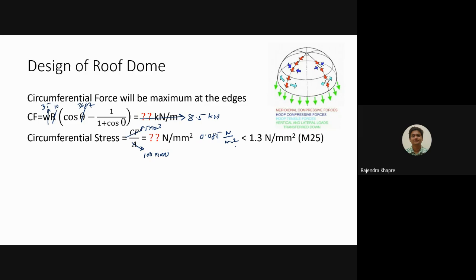This should be in tension, and you can see the tension is there in this particular region. This should be less than sigma ct permissible. For M25 grade concrete, the permissible stress in direct tension is 1.3, and you can see it is still safe as far as tension is concerned. I hope this is clear to everybody.